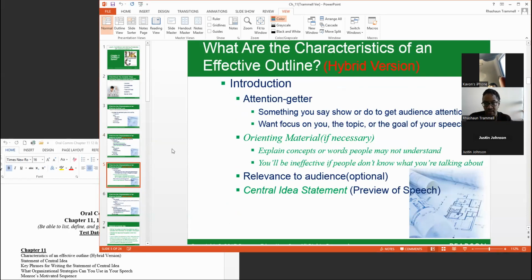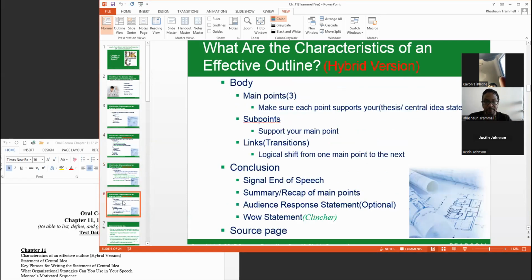Attention getter, yes. The introduction also explains concepts or words, because if people don't know what you're talking about, it's going to be harder for them to follow. And we'll go a little bit more into the central idea statement in just a moment.